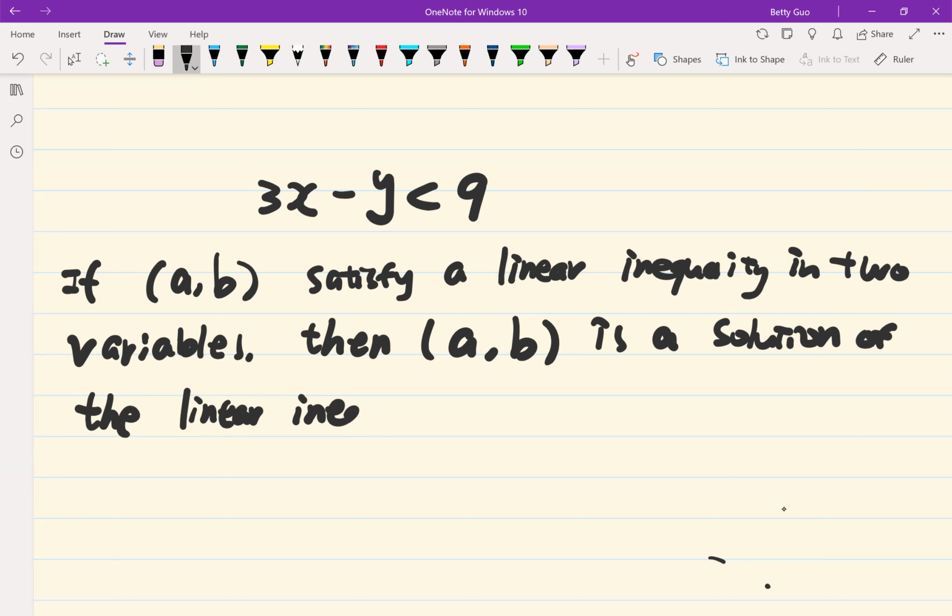That's how we define a solution for a linear inequality in two variables.